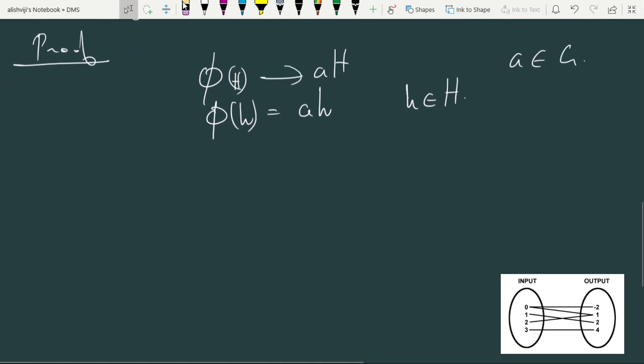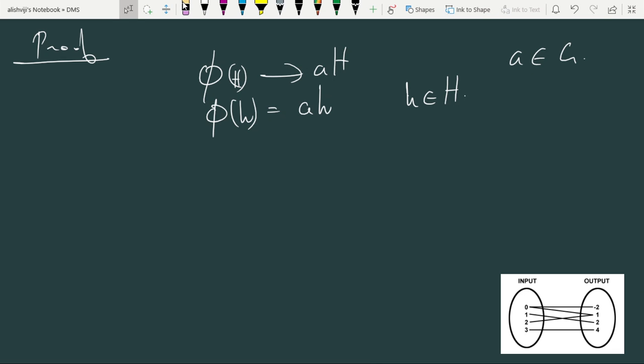Now, to prove that H and aH have the same number of elements, we are going to prove that phi is a bijection, that is, it is one-one and onto. If phi is one-one and onto, then obviously H and aH have the same number of elements.